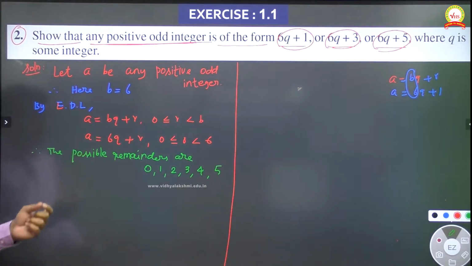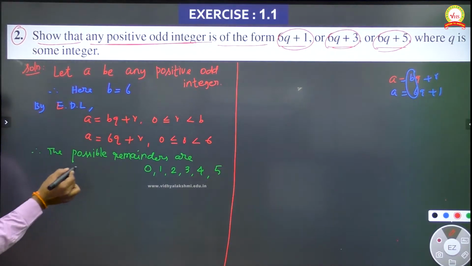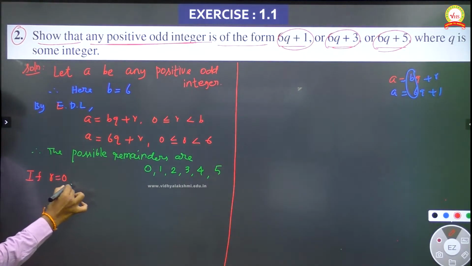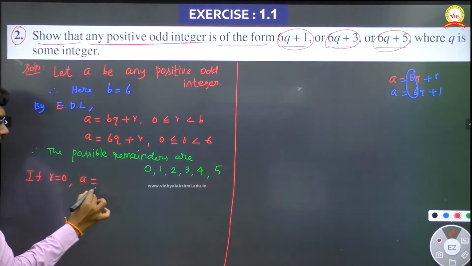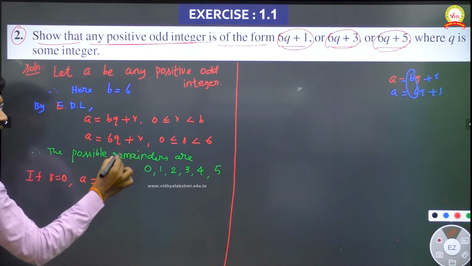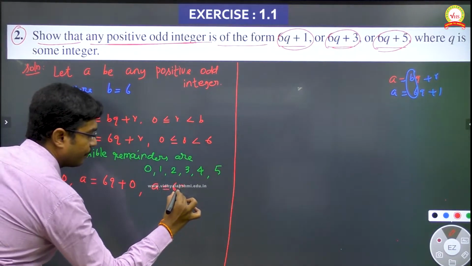Okay, now I substitute here. I take the remainders. If r equals 0, we substitute, now a equals 6q. So the remainder is 0, so a equals 6q.